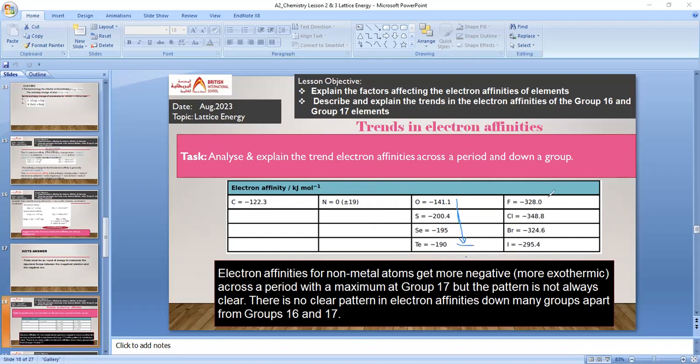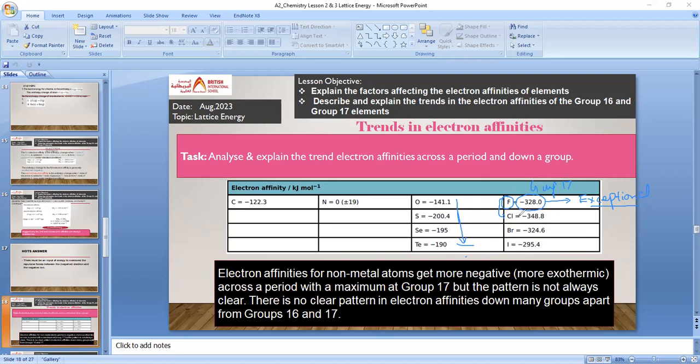For halogens, group 17, the trend is the same, but fluorine shows exceptional behavior, right? And we have discussed why. Its electron affinity is higher than chlorine. So can you explain why fluorine has exceptional behavior?